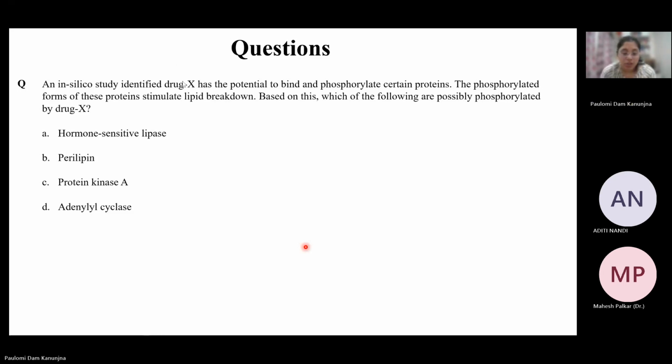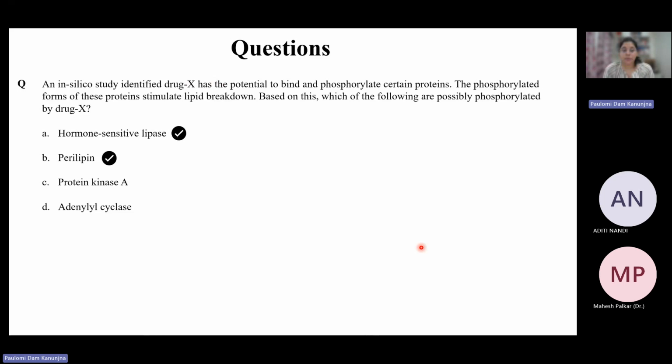Okay. So the first one, just a second. Okay. So the question says, an in silico study identified a drug which is called drug X, and this drug X, as we know, has potential to bind and phosphorylate certain proteins.